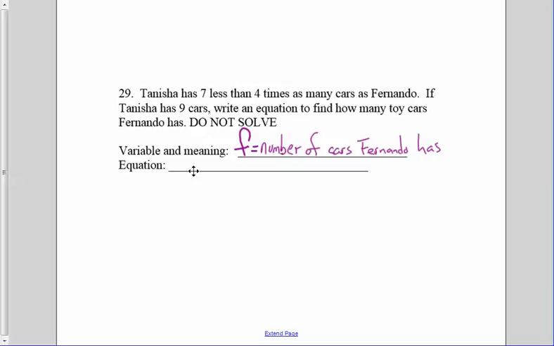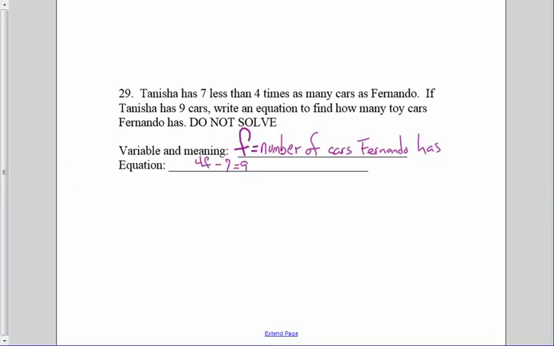So it would be 4F, 4 times, but it's 7 less than that. So 4F minus 7 equals 9 because Tanisha has 9 cars. I didn't have you solve from there because we haven't talked about solving two-step equations yet. However, now we'll come back to this question at the end to determine how many cars Fernando has.